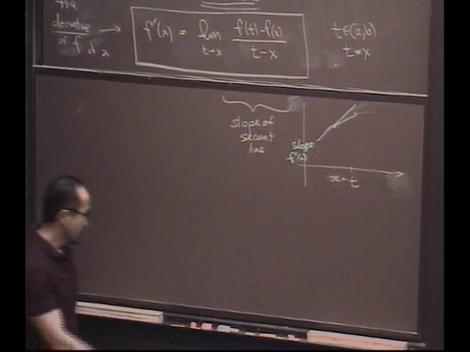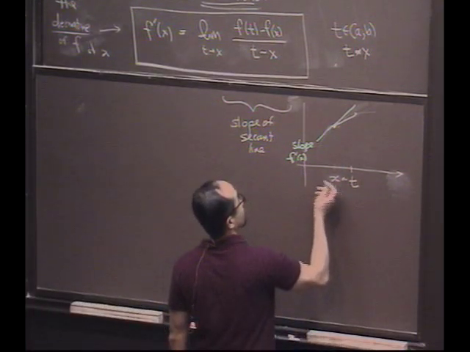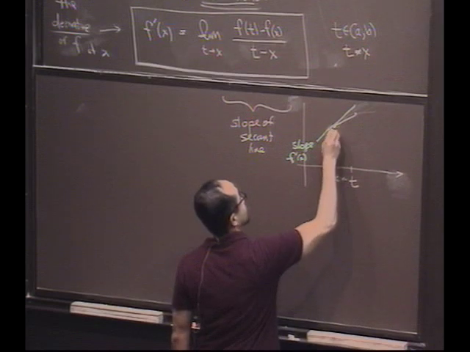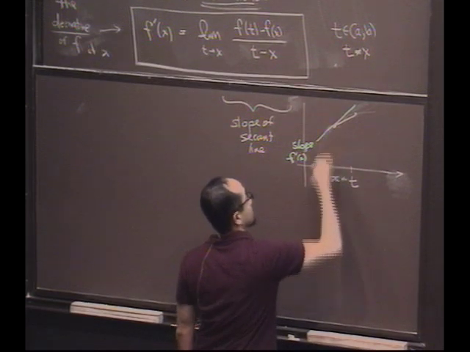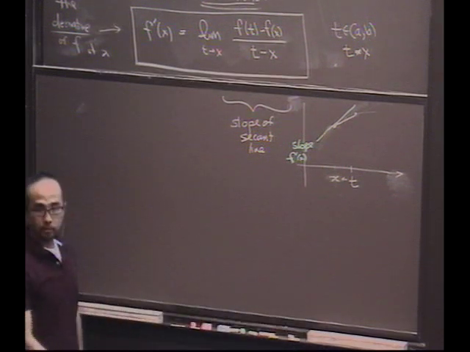That's the idea. Now, do you see on this side that if you did the same thing with t coming from the left, you'd get secant lines that look like this, but at least in this picture, their slopes also converge?